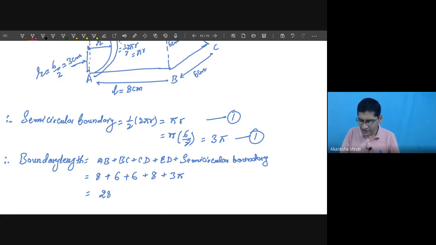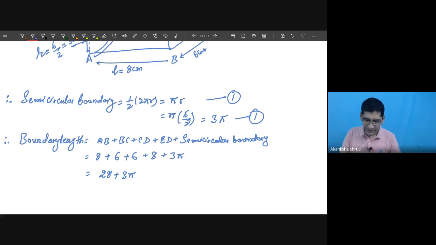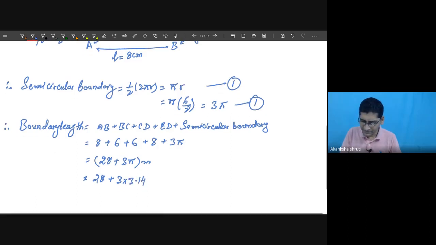So this should be written separately. Be careful. So it is this way. You can leave the answer here. So this much meter, or if you wish, you can substitute the value here. 28 plus 3 into, either you may take the 22 by 7 or 3.14 itself.